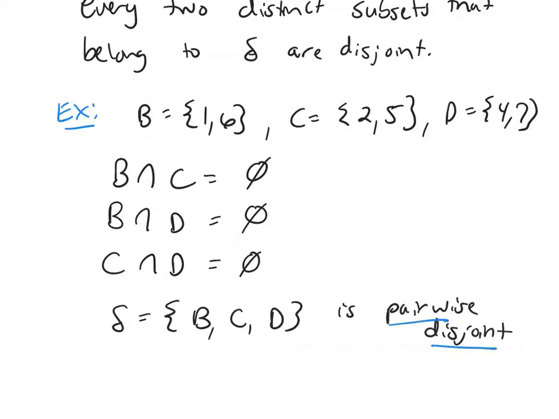So if I take any pair of sets in this collection, the intersection needs to be the empty set if they're pairwise disjoint.